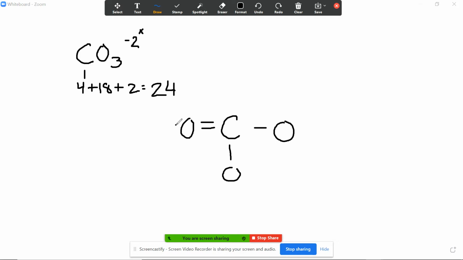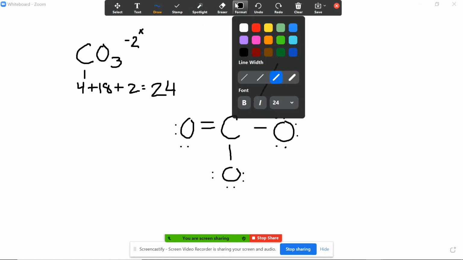This oxygen only needs 2 lone pairs. It doesn't need 2 valence electrons, it needs 2 lone pairs. And we're good. So let's count this up. 2, 4, 6, 8, 10, 12, 14, 16, 18, 20, 22, 24. All right, we have the correct number of valence electrons.